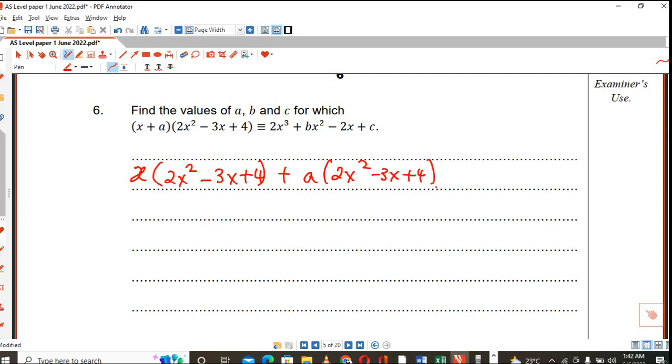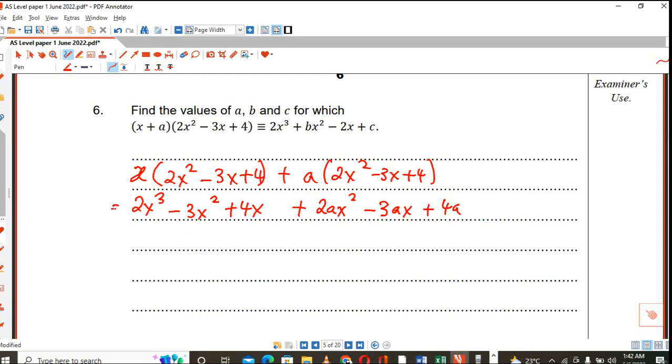Right, I know it will be identical to the other stuff. I'm looking for the coefficient. So this is 2x cubed minus 3x squared plus 4x. That is, we multiply out, plus 2ax squared minus 3ax plus 4a.